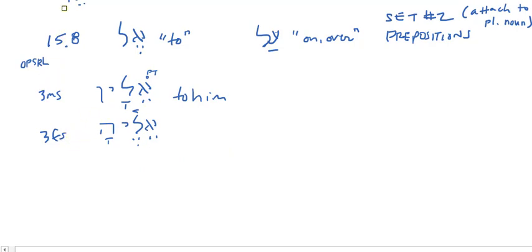Okay? And then what about my heavy endings? The heavy endings, hem, hen, kem, and ken. What would it look like to add those? I'll just do one of them. Let's say we want to say to them, and the them is masculine plural.